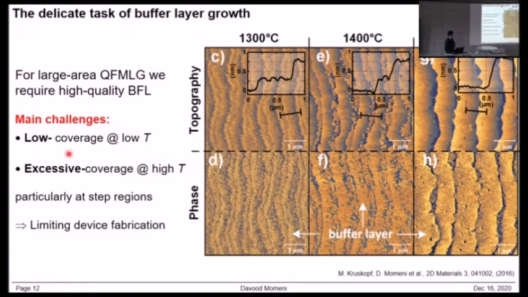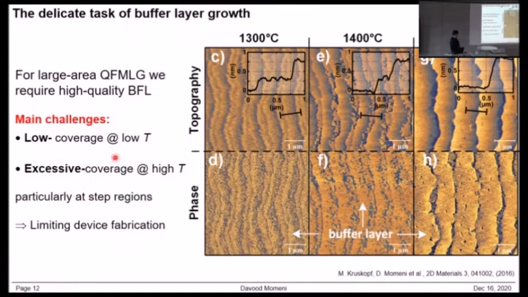One of them is low coverage, which happens mainly due to the low temperature process compared to the graphene process, and leads to lower surface diffusion. The other one is excessive coverage, which happens if you increase the temperature; at high temperature, you get graphene at the step areas.